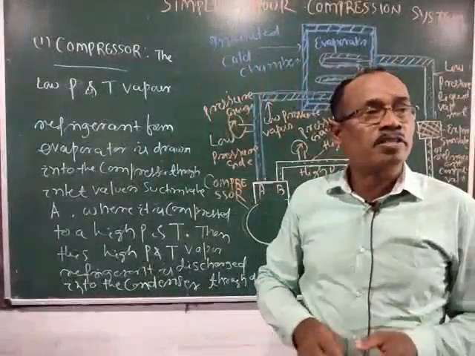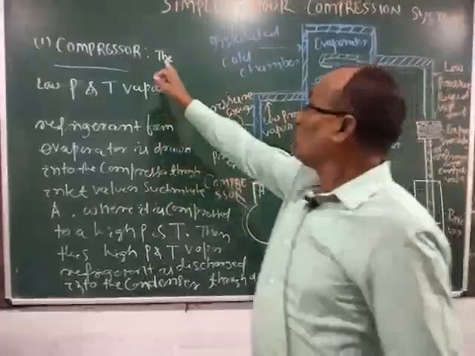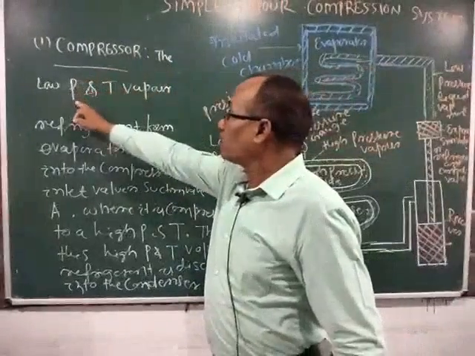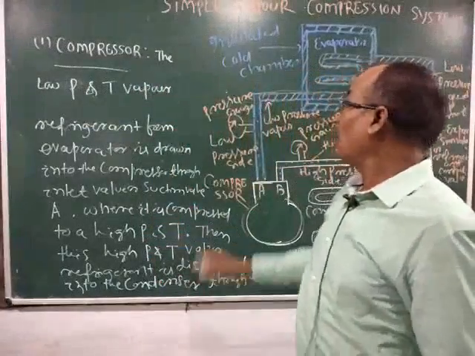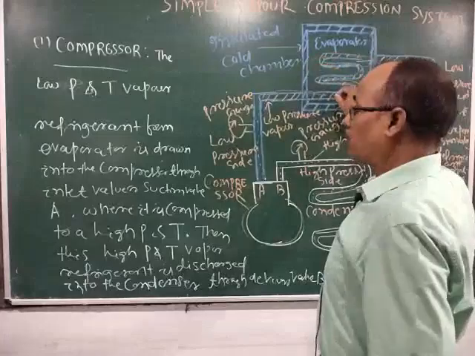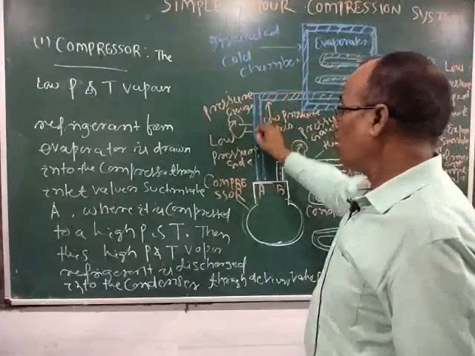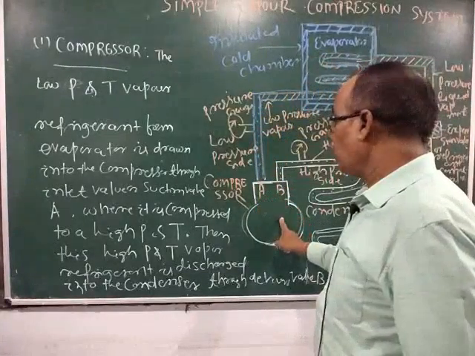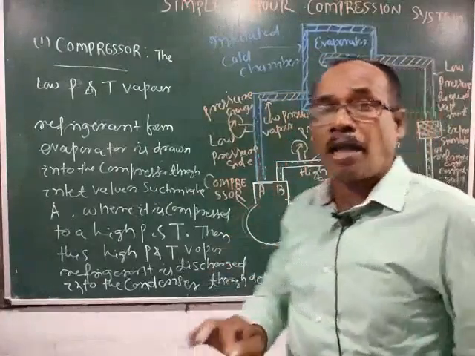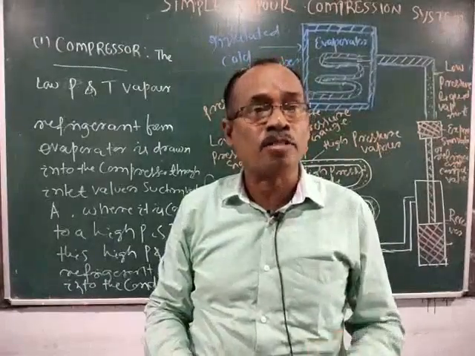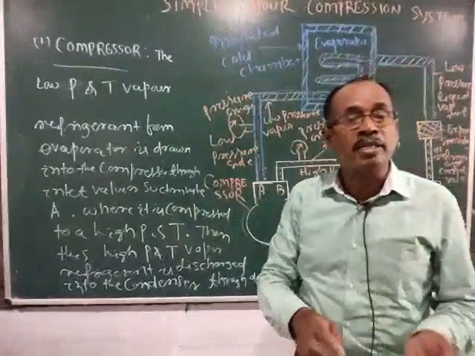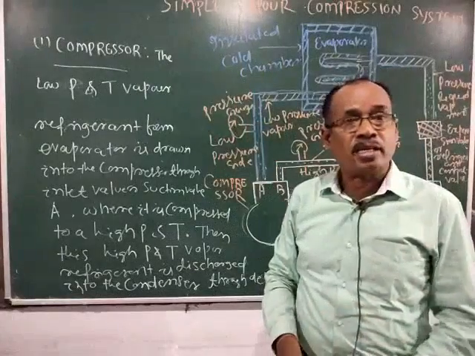Now, the function of a compressor. Generally, the low pressure and temperature vapor refrigerant from evaporator is drawn into the compressor through inlet valve or suction valve. You know what is the function of compressor, because it compresses.